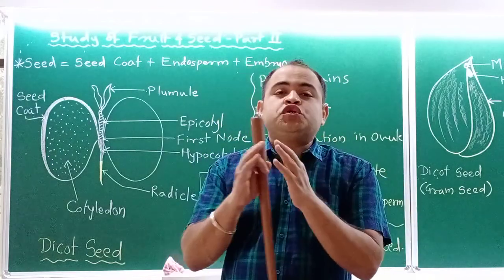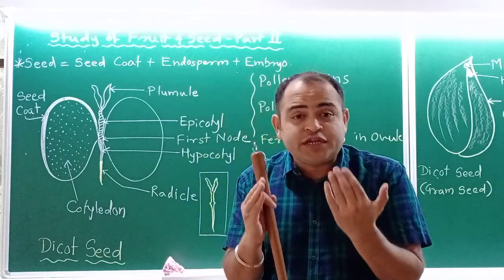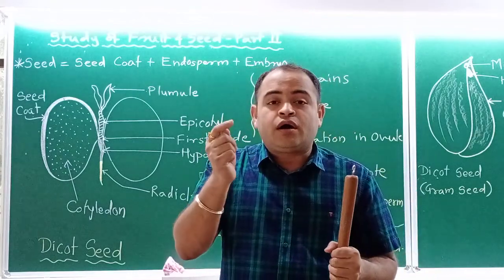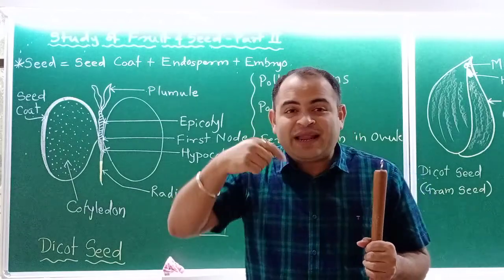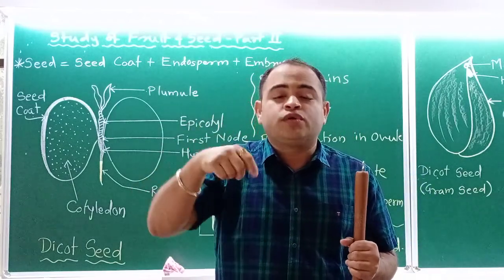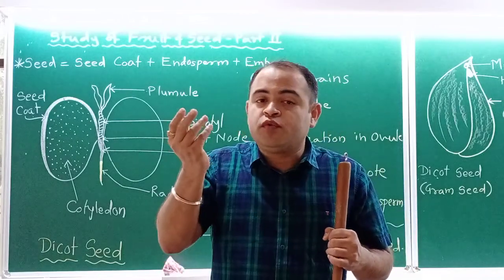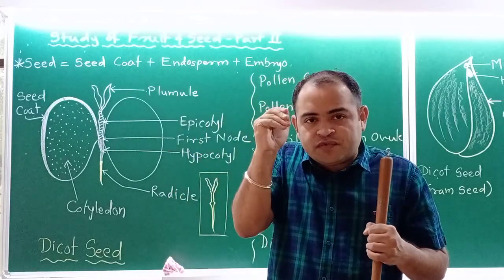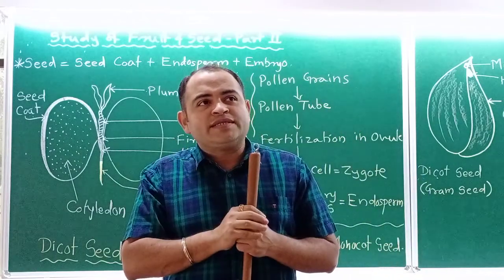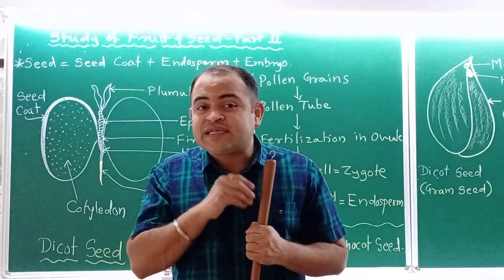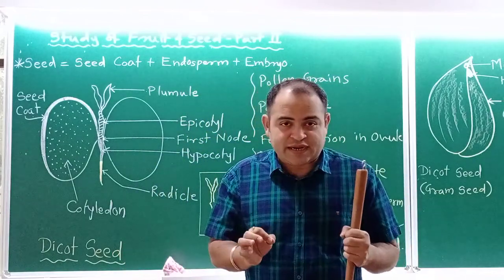The part which you open, which is greenish yellow in color, is the cotyledon, and the projection-like structure you find is the radicle, the root-initiating part. And the plumule, which is a leaf-like structure, is hidden inside the cotyledons. So this much you should understand.